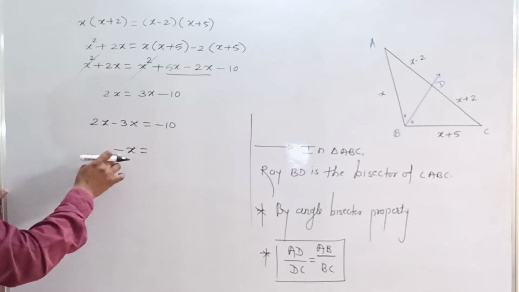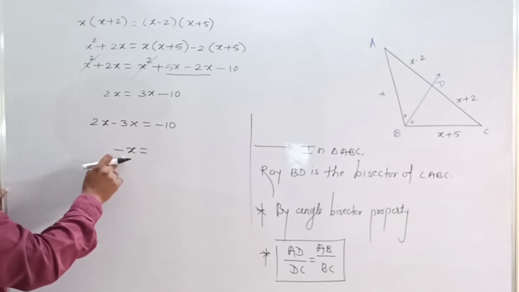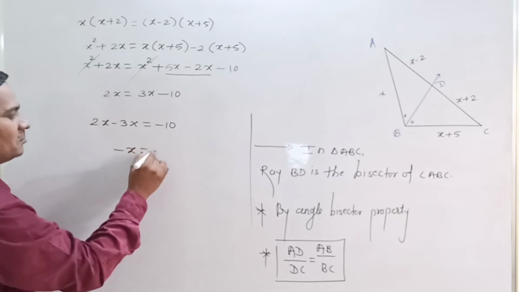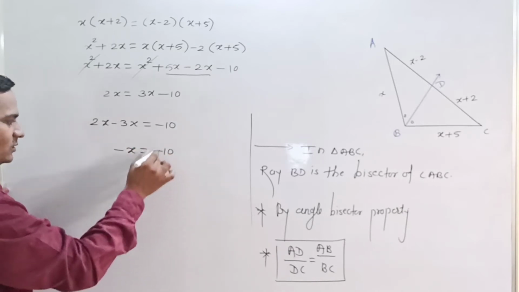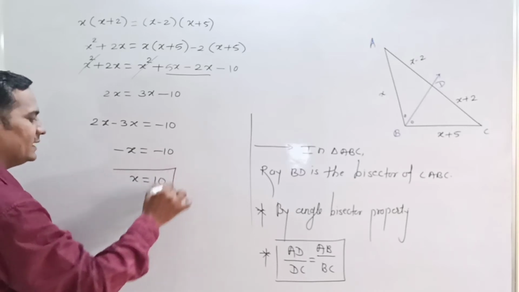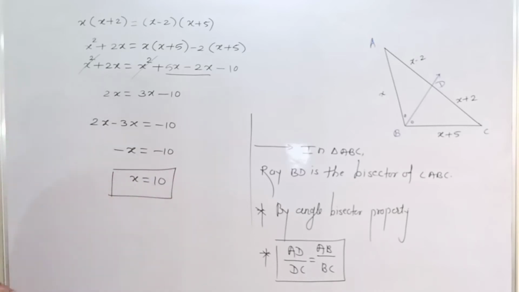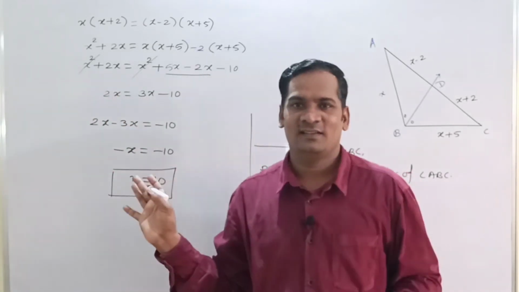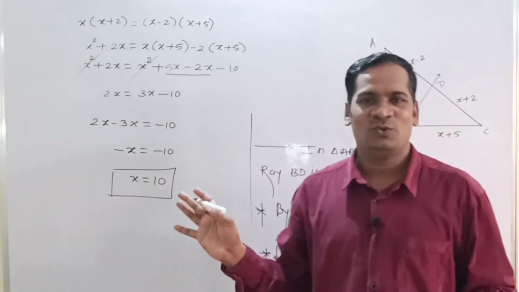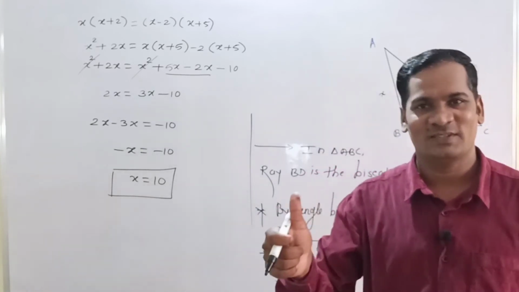Okay, sign of the larger one. So minus x is equal to minus 10, and this minus will become plus. So that will be x is equal to 10. In this way we can easily complete question number 9. How simple is this? So let's move toward the next question.